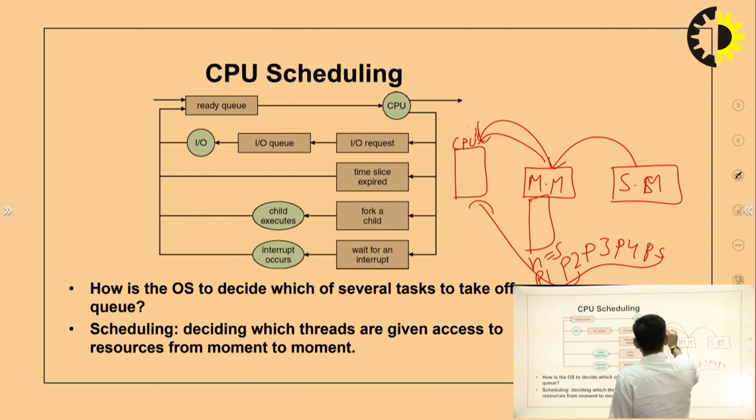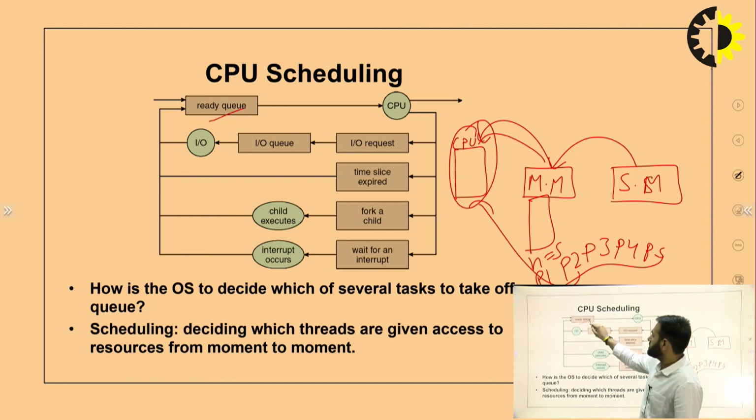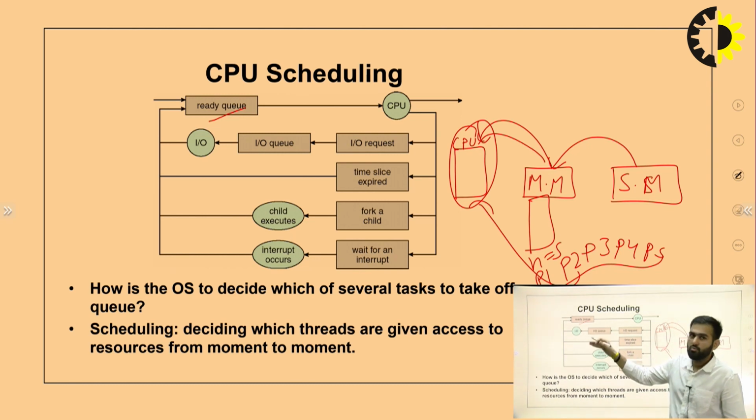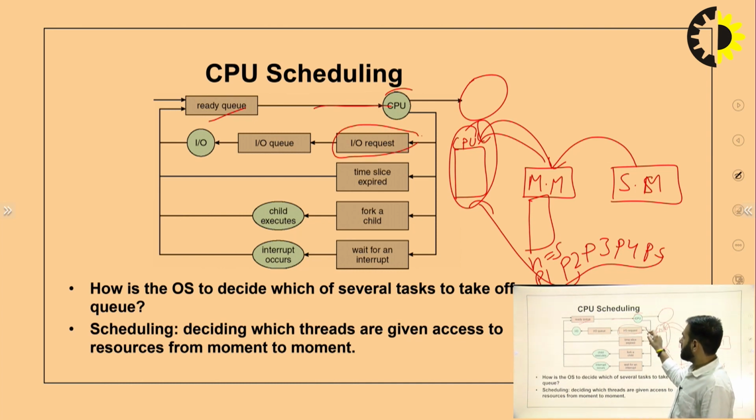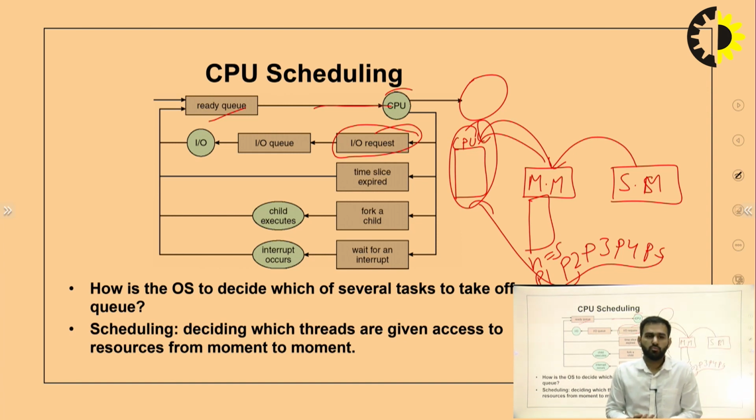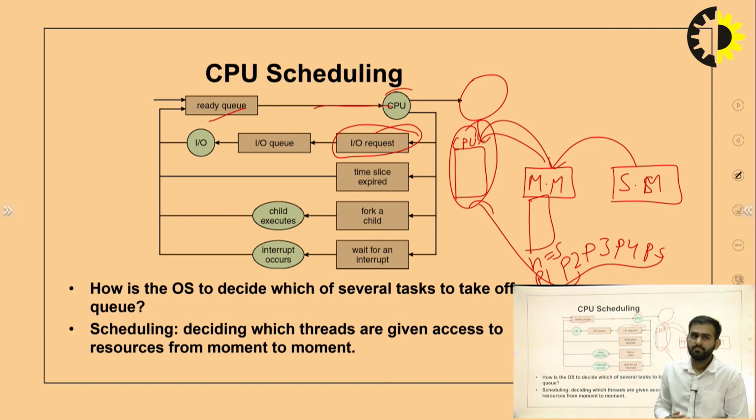Now, at this stage, when the process starts execution, it will go to the ready queue. Then, if there is no requirement of any resource or any input output, it would directly go to the CPU and then complete execution. But what if there is a need of any input output request, like an input output device or any external device? So it will go to the input output queue.